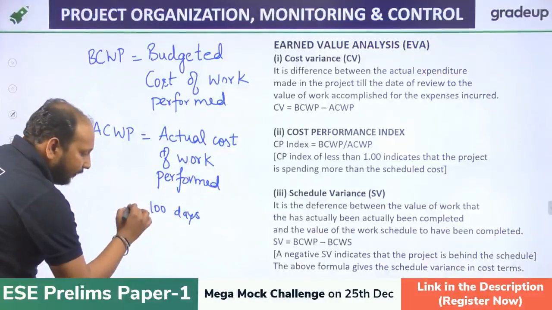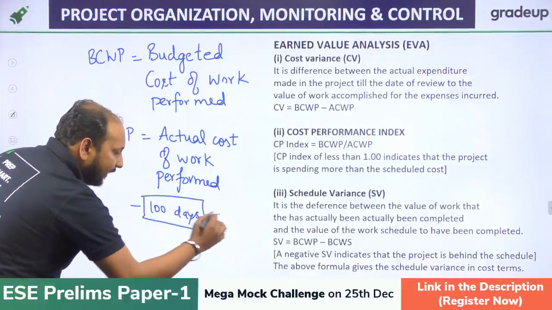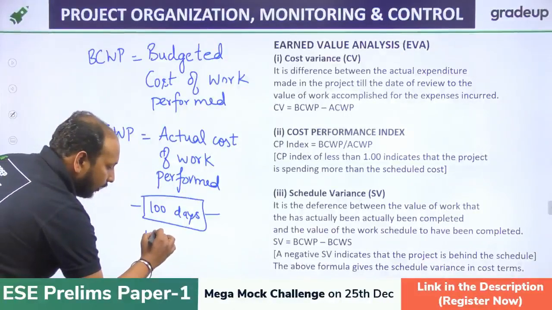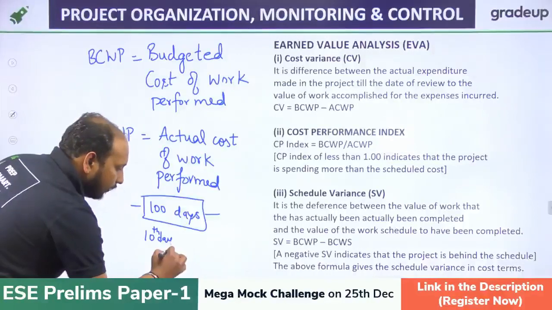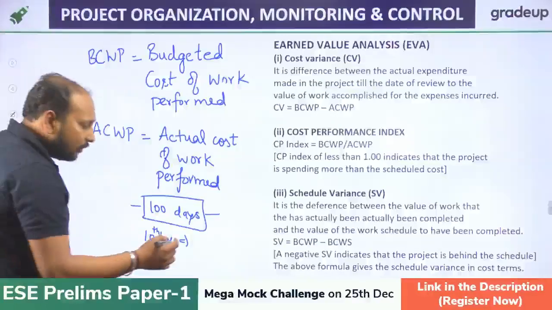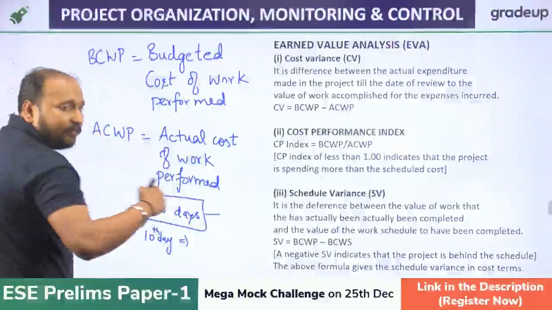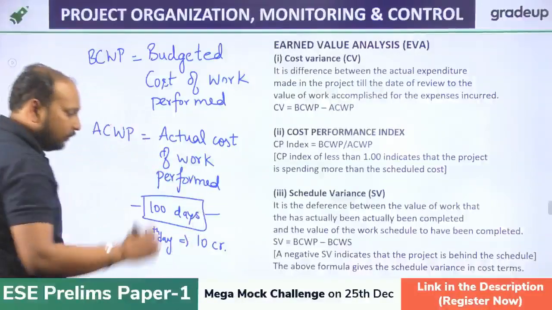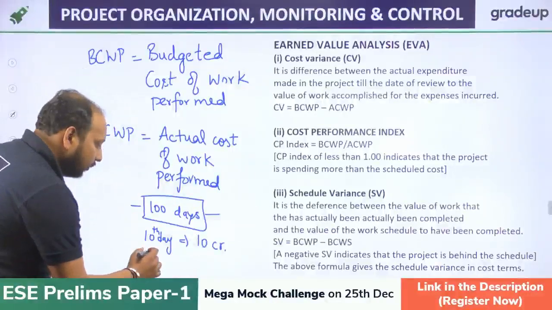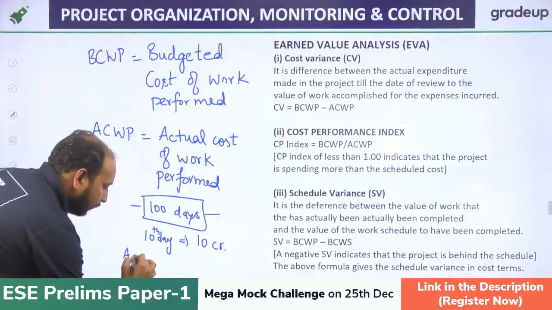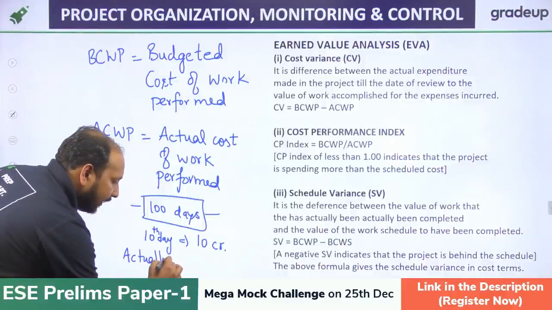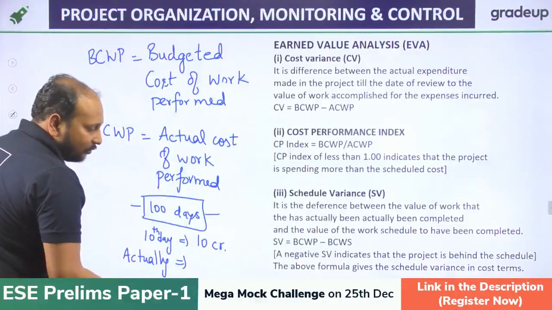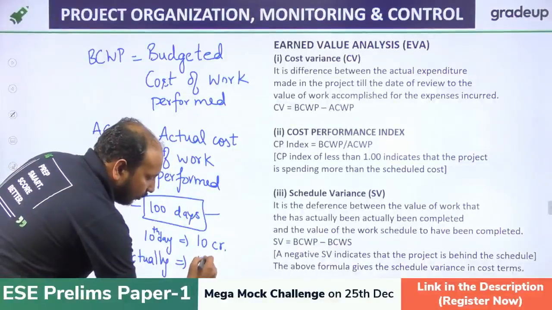We are on the 10th day. On the 10th day, the budgeted cost which we have planned was 10 crore. But actually on the 10th day, we have consumed 12 crore.